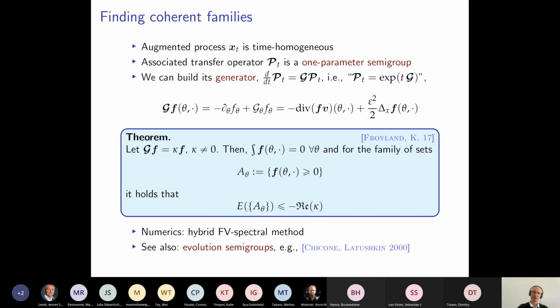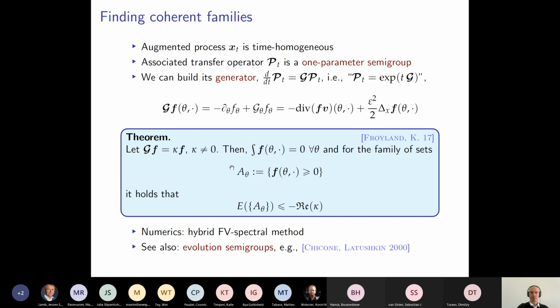Assuming sufficient smoothness of the coefficients of the dynamics, if I now have an eigenfunction of this augmented generator, a space-time function, bold F, at some non-zero eigenvalue kappa, then I can show, on the one hand, that all time slices of this augmented eigenfunction have zero spatial mean, so they have just as big positive as negative parts for every time.